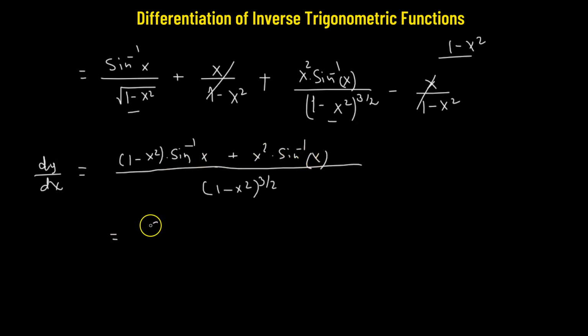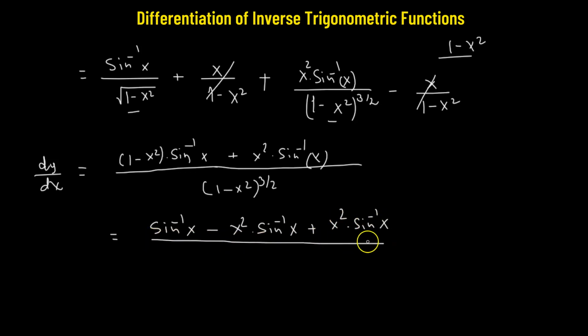So this will be simply sine inverse of x minus x squared times sine inverse of x plus x squared times sine inverse of x, whole thing divided by 1 minus x squared raised to the power of 3 over 2. So this goes away, and we have our final expression for dy over dx.